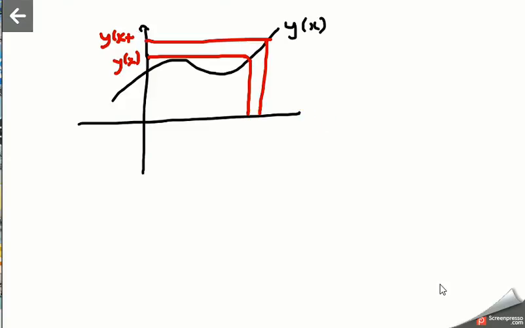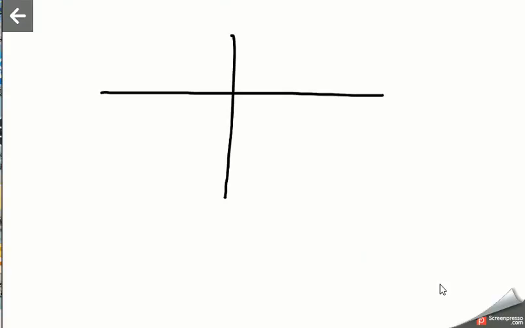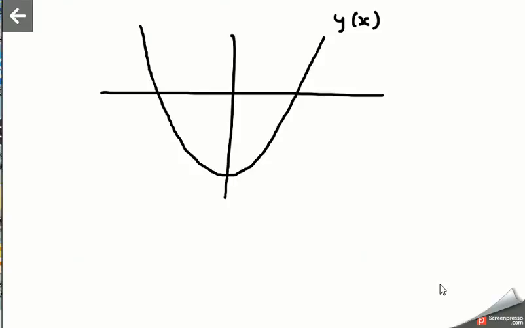Suppose instead this time that our function goes below the x-axis, like what we've got here. This is our function y of x. Suppose we take x equals -1. Well, y of -1 is -3.